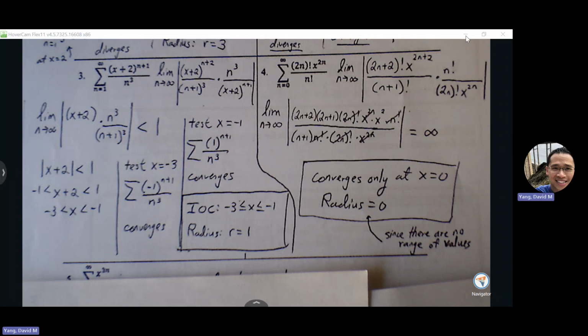It converges for all values of x, the radius would be infinity, right.